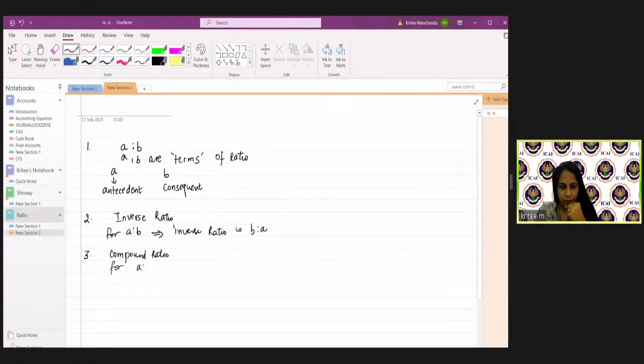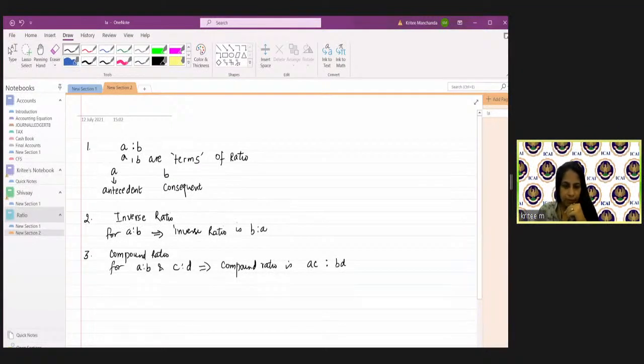For A is to B and C is to D, the compound ratio is AC is to BD.